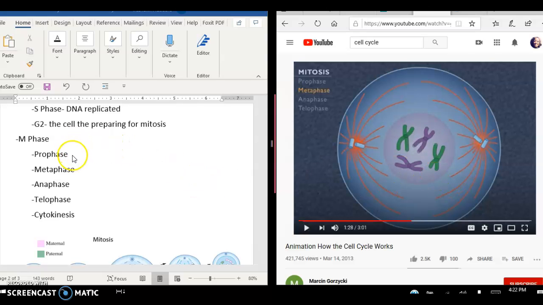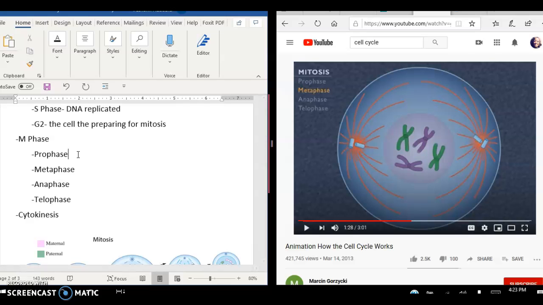Alright, there was a lot of information during prophase. So let's break that down to make it a little bit simpler. So he said that M phase, or the cell division phase, is broken down into 4 parts. That's going to be prophase, metaphase, anaphase, and telophase.